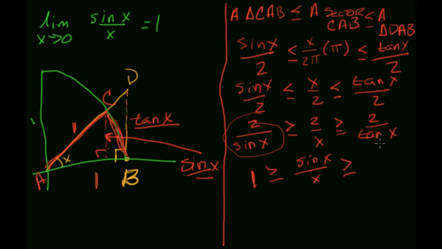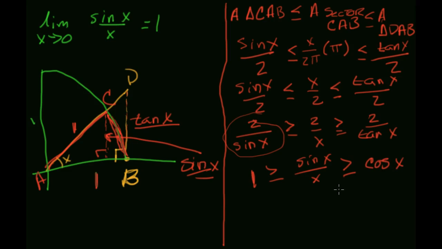That gives me sine of x over the tangent of x. Tangent is sine over cosine, so this is going to work out to be the cosine of x. If you need a minute to see that, work that out.